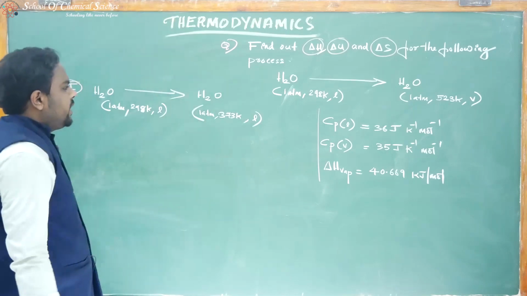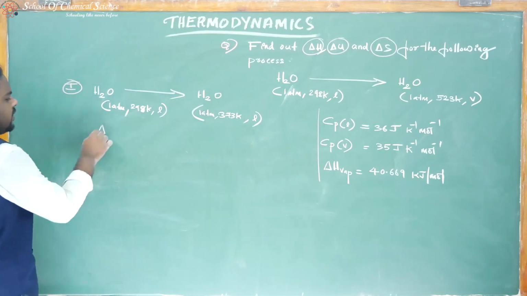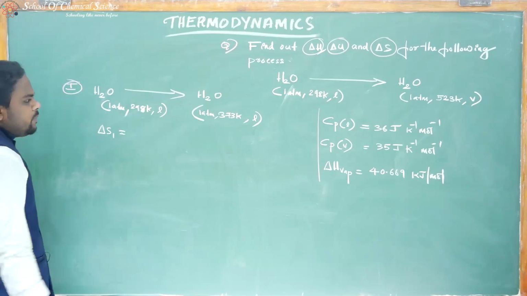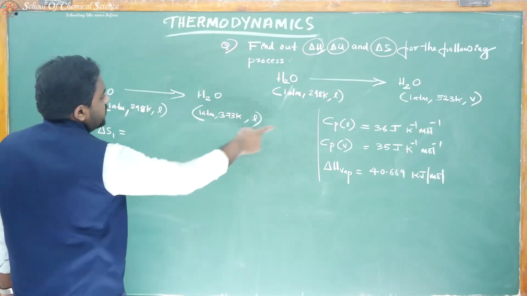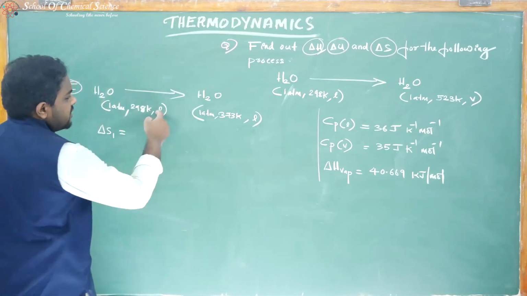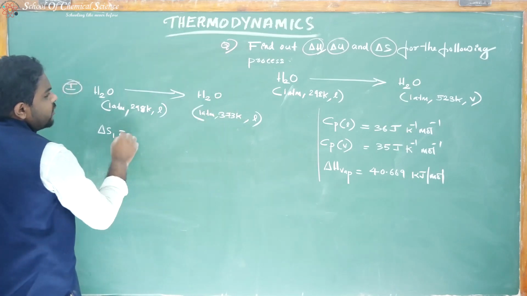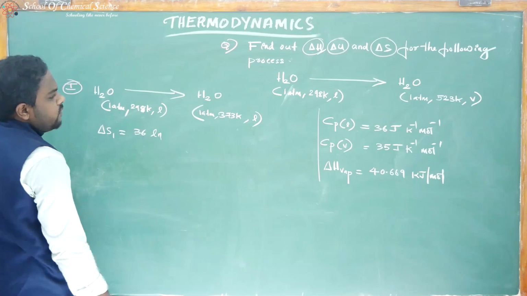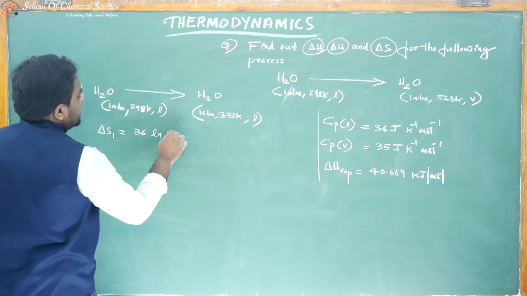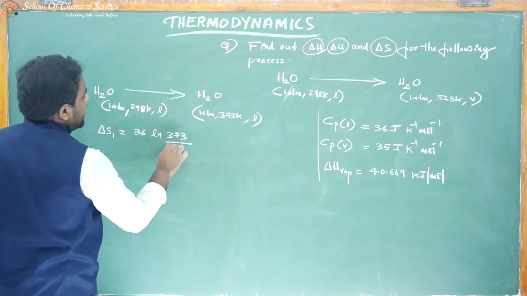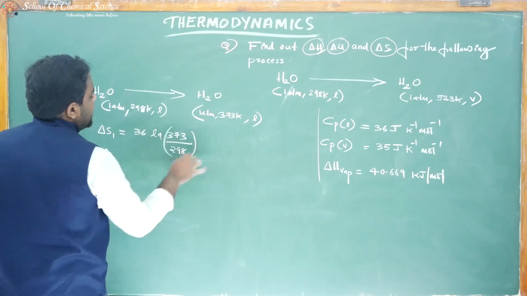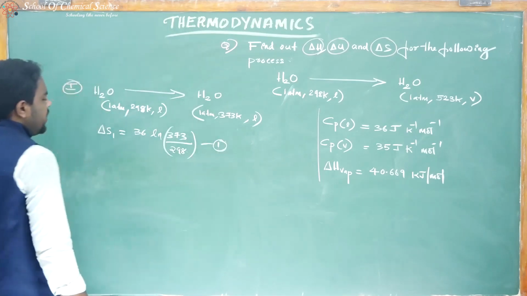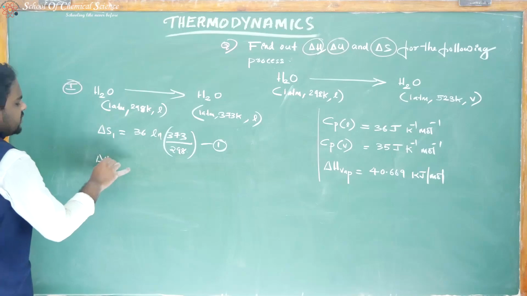Find the delta S1. Delta S1 is equal to Cp. Here both are liquid, so take Cp for liquid. Cp for liquid is 36 ln T2 by T1, final temperature by initial temperature, that is 373 divided by 298, equation number 1.